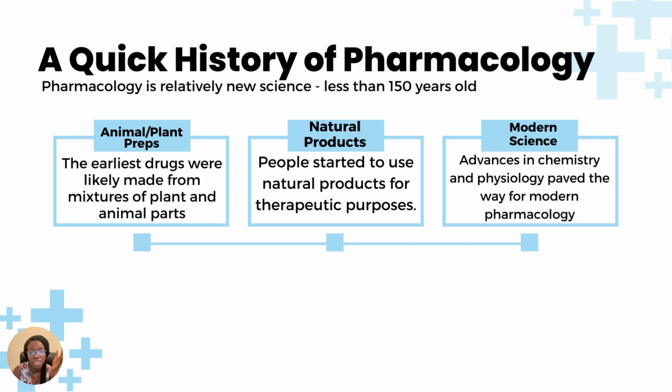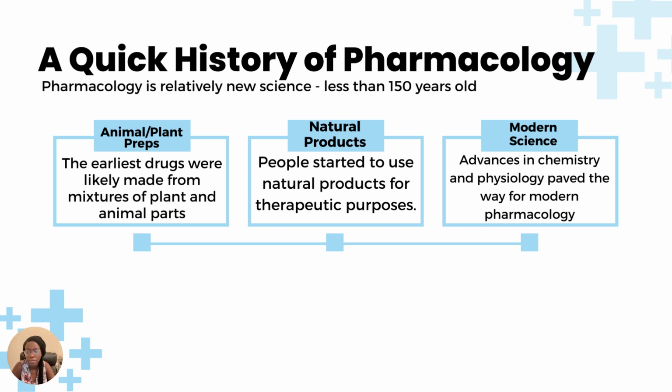Pharmacology is actually a relatively new science. It only came to be what it is nowadays just about 150 years ago. It only truly began after human beings developed the scientific method and figured out how to extract pure compounds from plants. Before that, though, the earliest use of medicines were made from plants and animal mixtures.